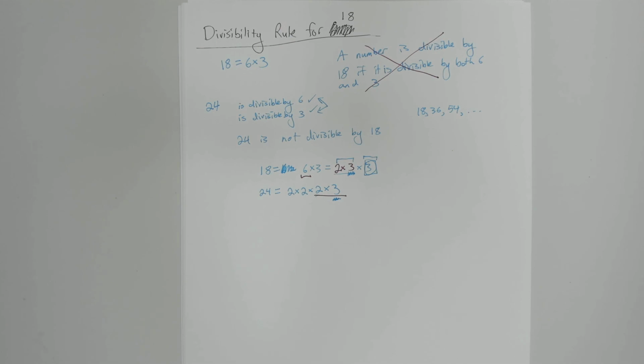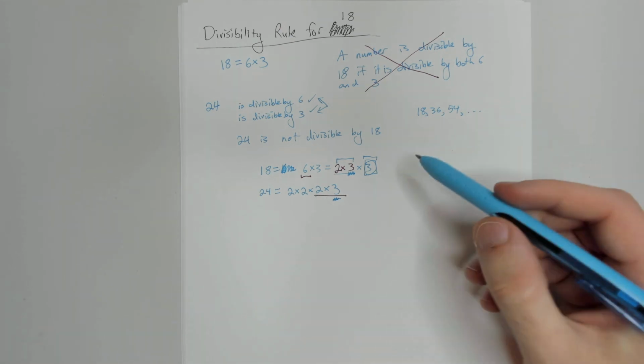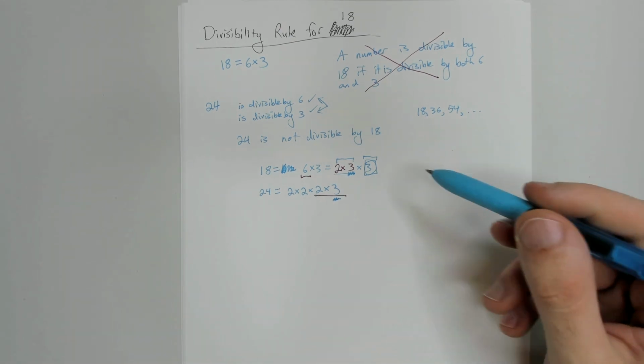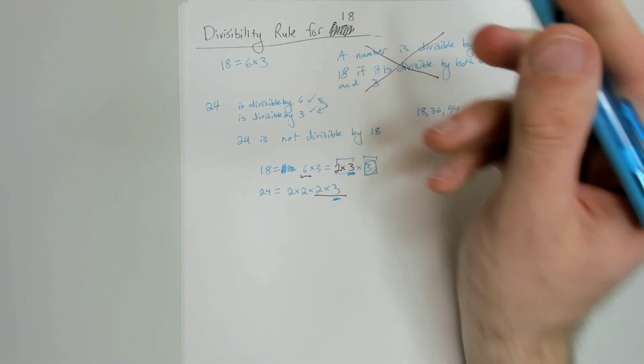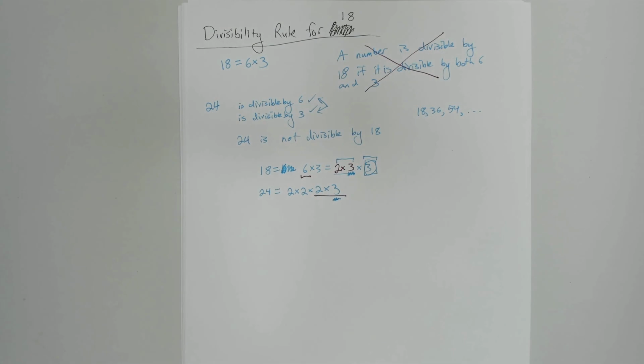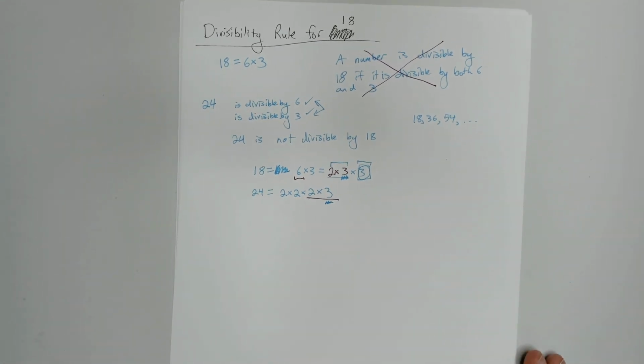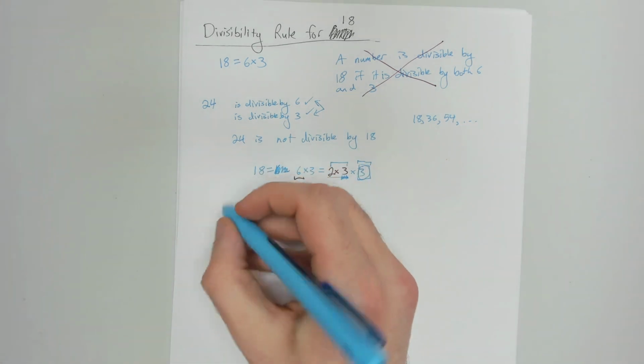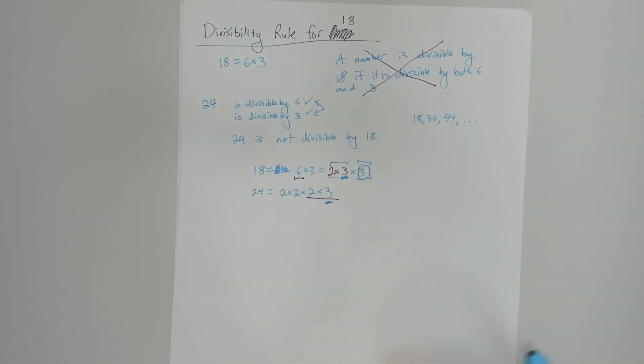So how can we actually go about fixing this test so we can look at if a number is divisible by 18? Well, the problem occurred because 6 and 3 had a common factor. So what we need to do is we need to split 18 up into two numbers that are coprime, right? Numbers that have no common factor. See, it's all coming together. We got coprimes in here now. It's kind of crazy. So what two numbers will multiply to 18 that are coprime?